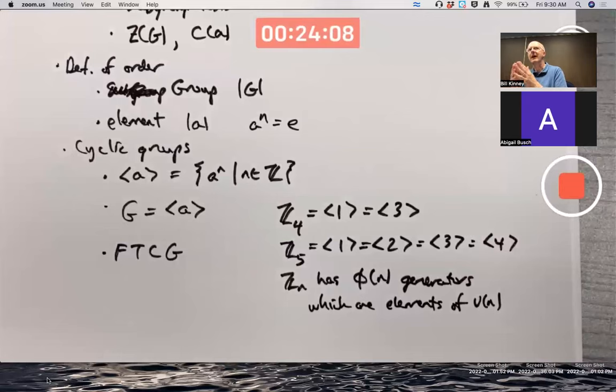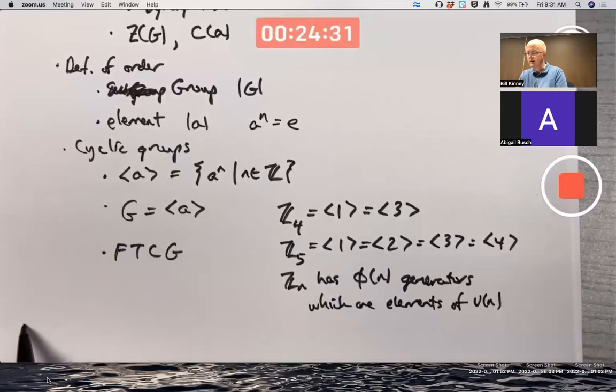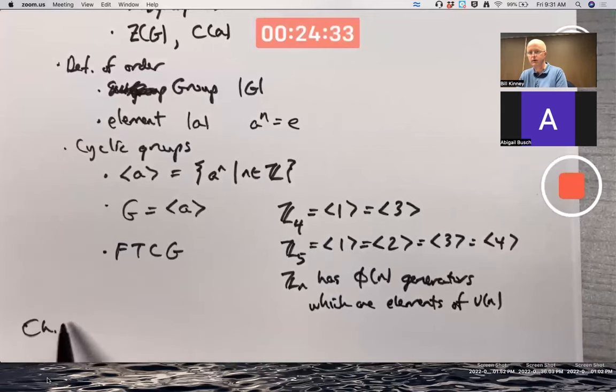For each positive divisor of n, there's exactly one subgroup of that order in any cyclic group. And those subgroups themselves are cyclic. Remember that? Yeah, there are other facts in chapter 4, I don't have time to review them. Again, we're trying to do a fast overall review here.